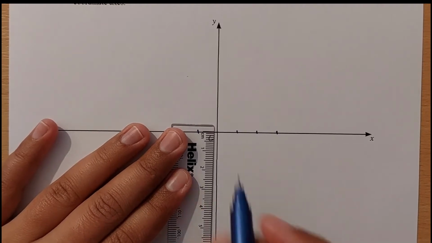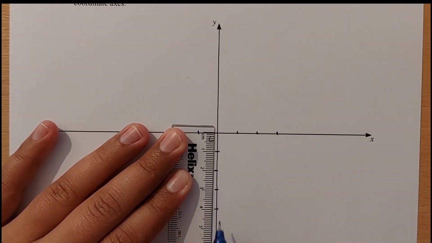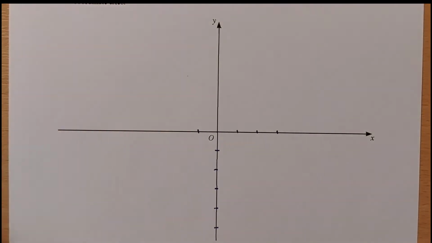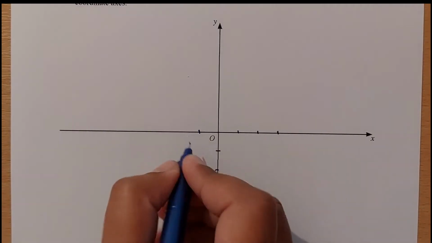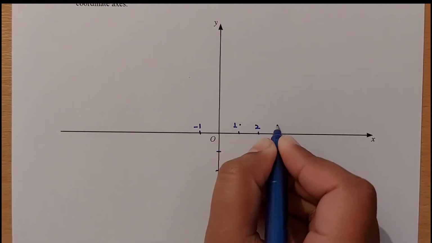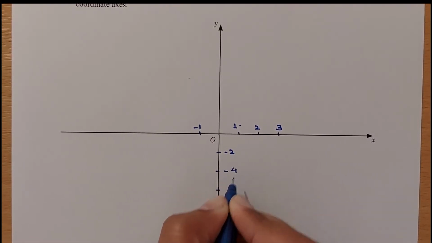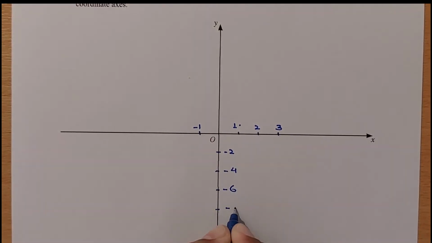So we have minus 1, minus 2, minus 3, minus 4, minus 5. Here this is minus 1, 1, 2, 3. This is negative 2, negative 4, negative 6, negative 8, negative 10.